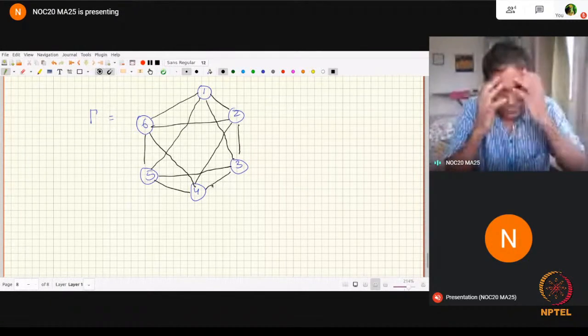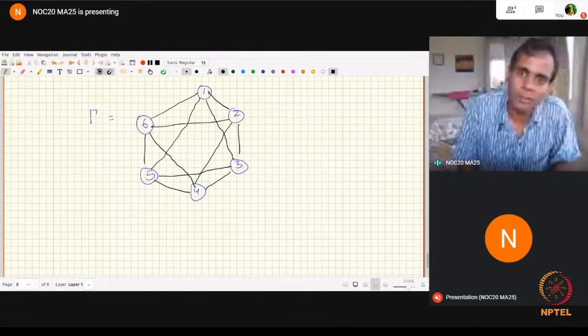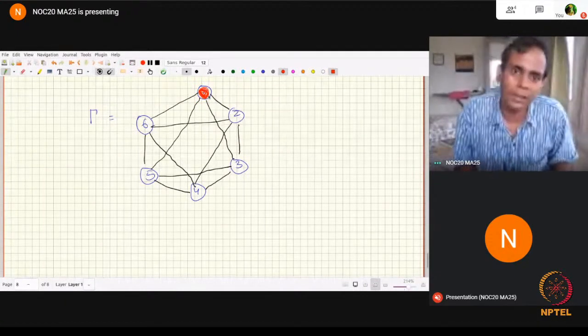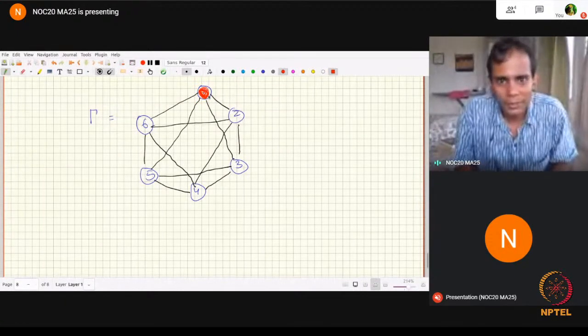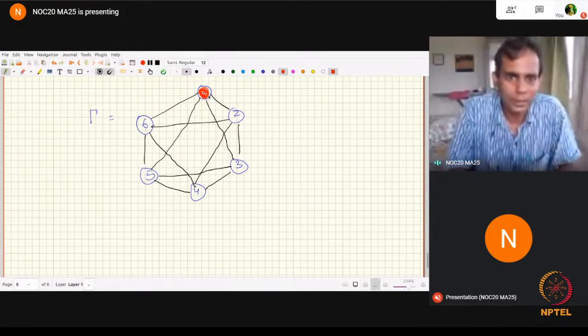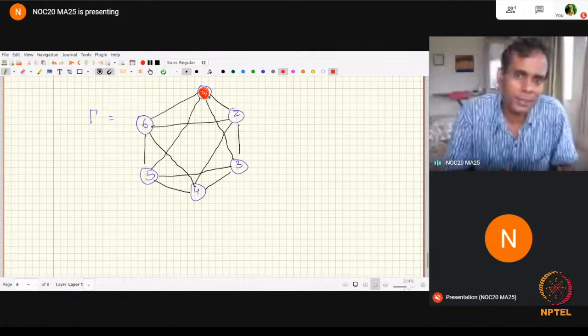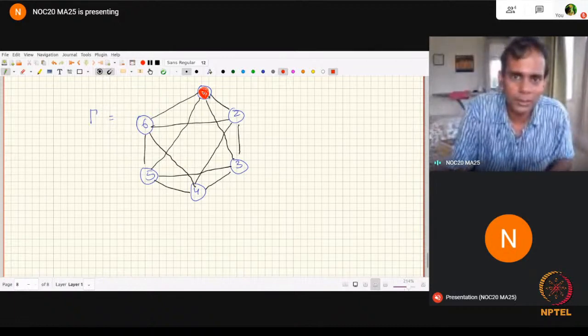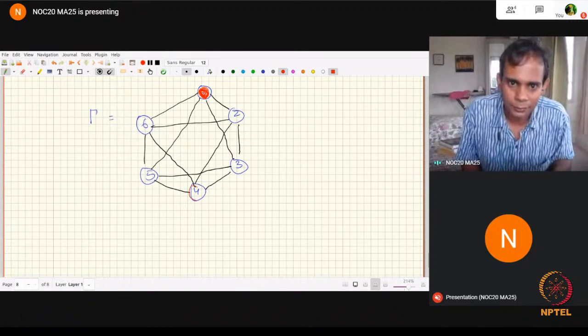So now the question is, if I look at all the automorphisms of this graph that fix a point 1, so I'm not allowed to move this, then what are they? Intuitively, if you have a graph automorphism, then it preserves all the relations in the graph which you can define in terms of edges. For example, vertex 1 is connected to all other vertices in this graph except for the vertex 4.